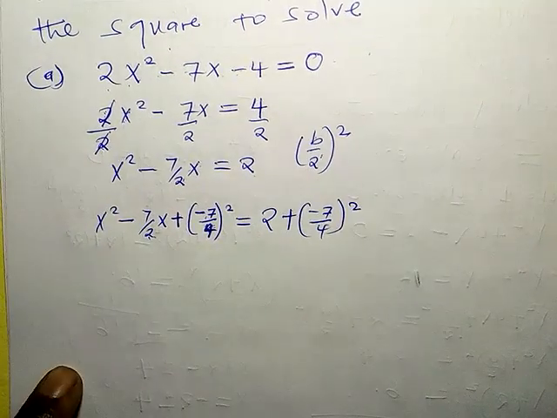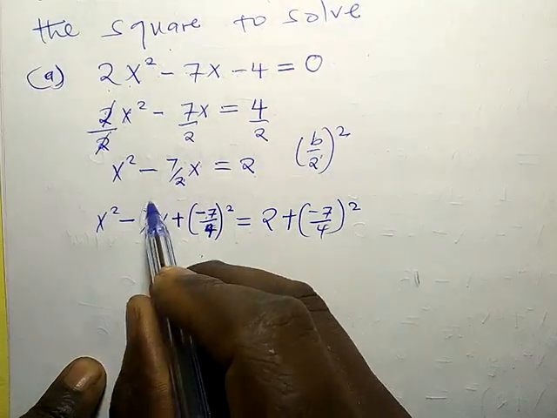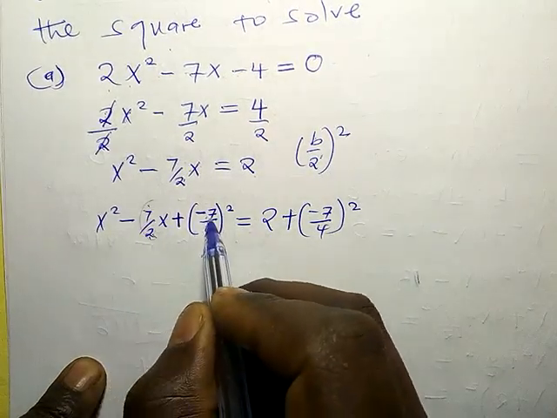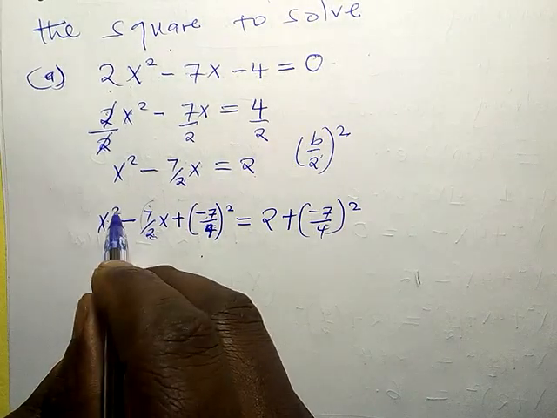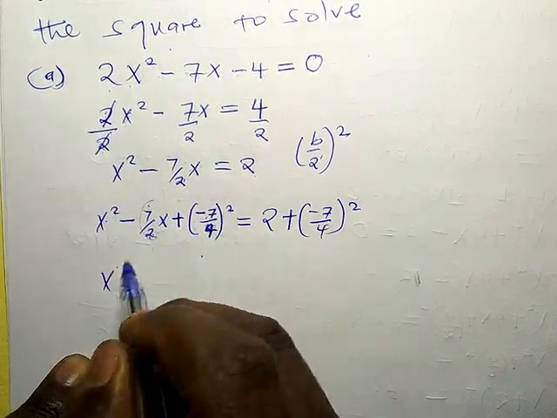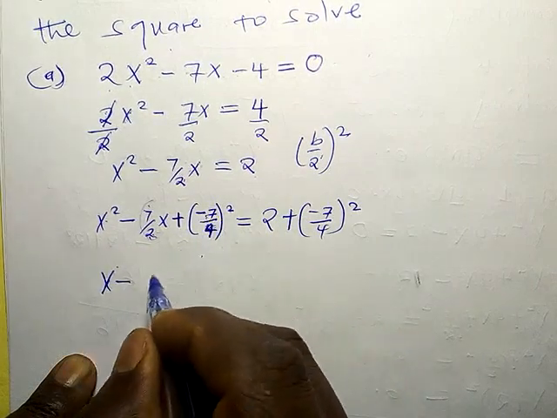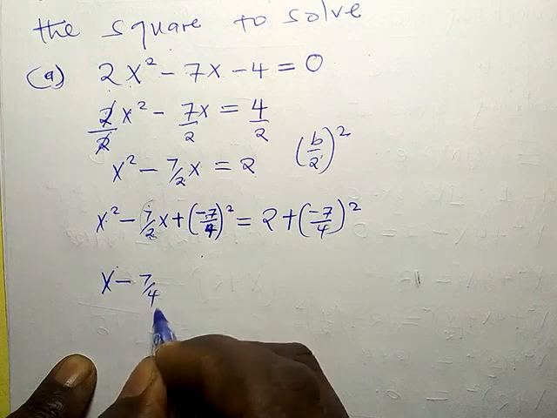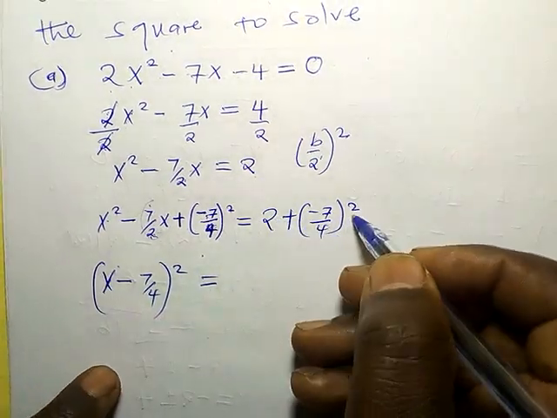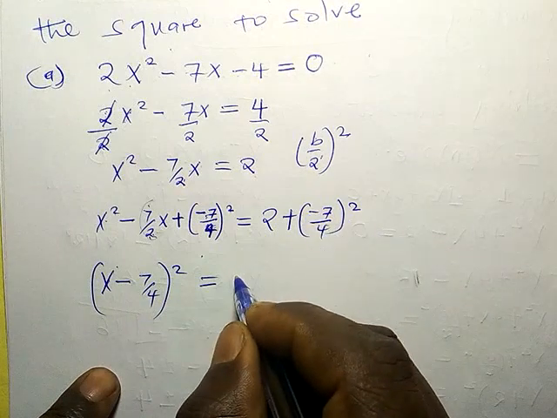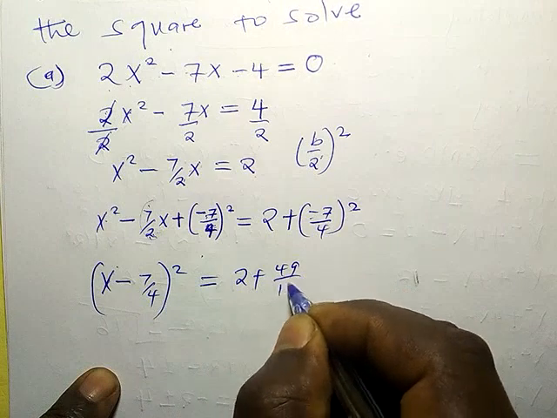Step by step. Now once we have done that, we ignore this one, ignore this, and then write this. So this one is going to be x is x. Instead of square, we have this square and this square. We are going to use one square only. So x minus 7 divided by 4, squared, equal to, now this one you can use your calculator and get, that is 2 plus 49 over 16.